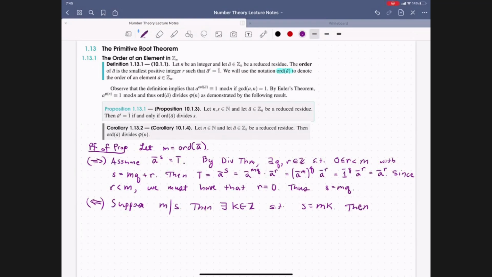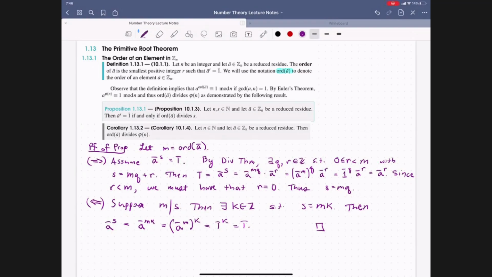Then taking a bar to the s is the same as taking a bar to the mk, which is the same as taking a bar to the m to the k, which is 1 bar to the k, which is 1 bar. And so that shows that a bar to the s is equal to 1 bar. And so we are done with our proof.